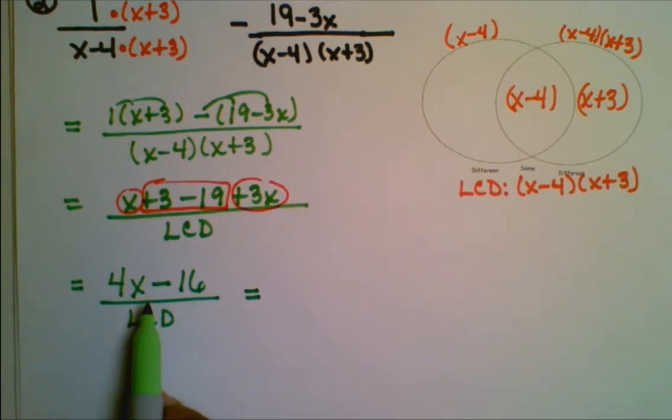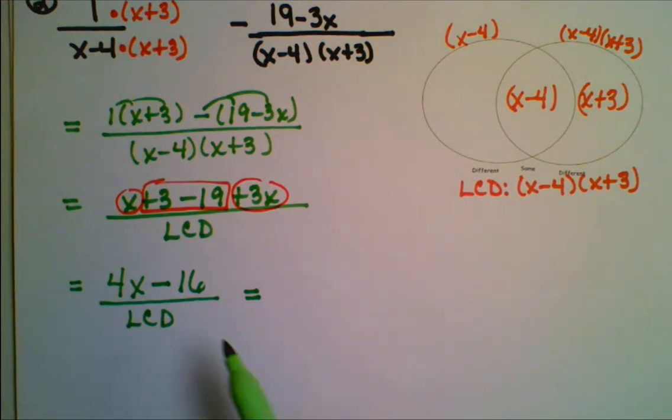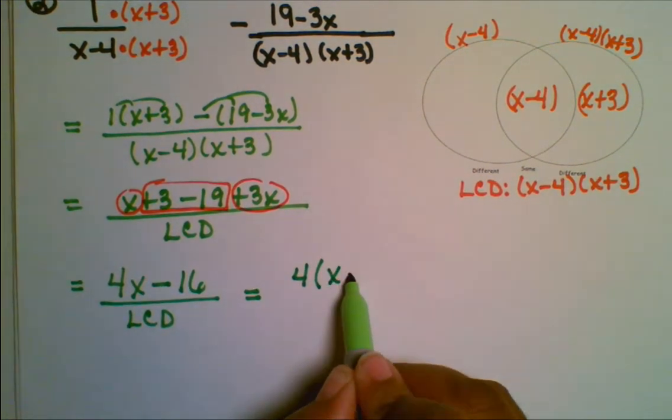Now notice, look at your numerator. Now remember, when we add or subtract fractions, we factor last. So I noticed that in our numerator, we can factor out a GCF, and we have 4 times x minus 4.